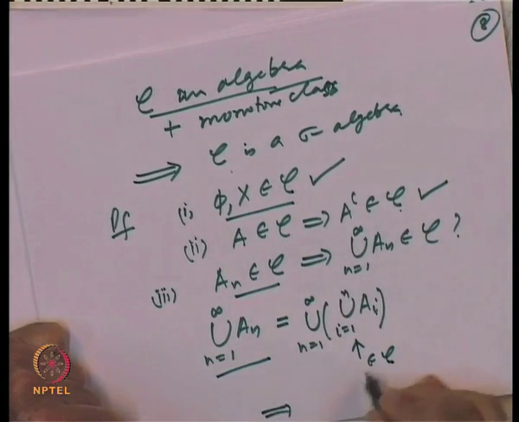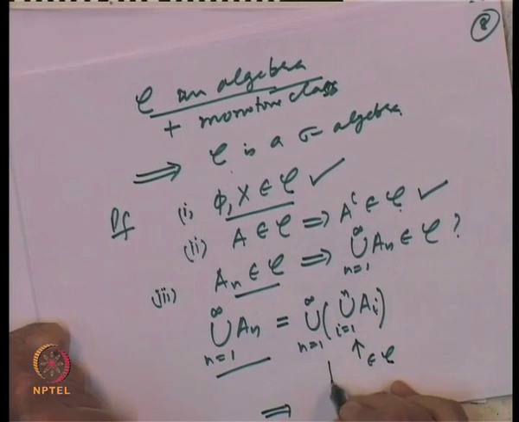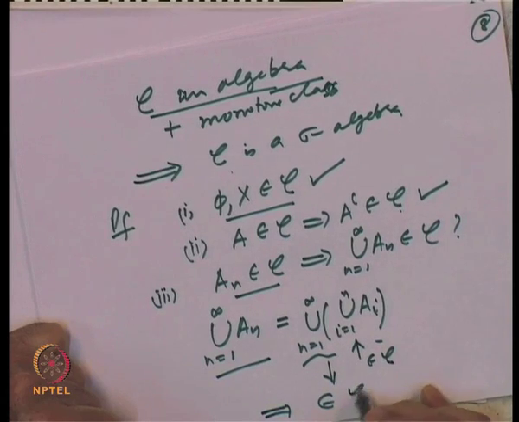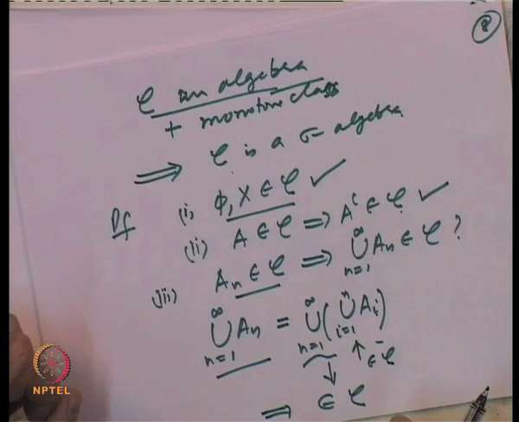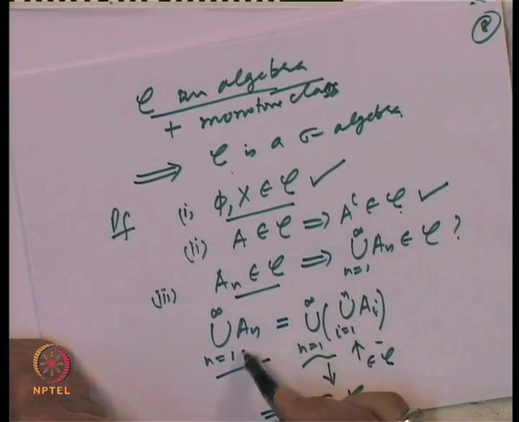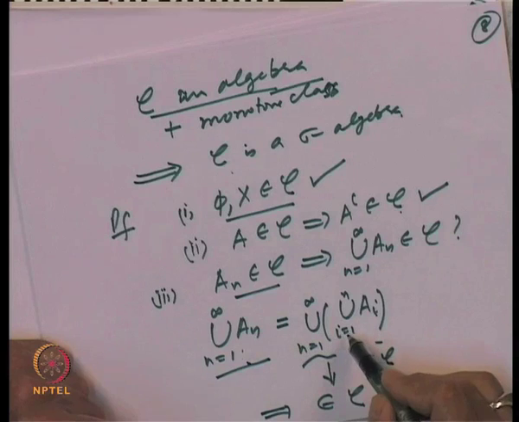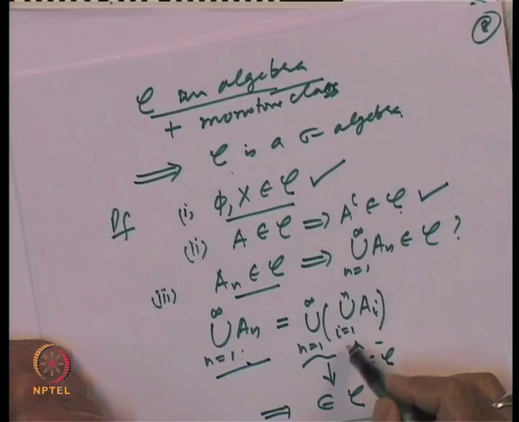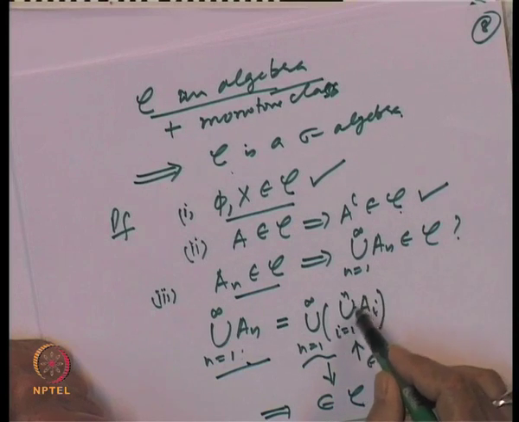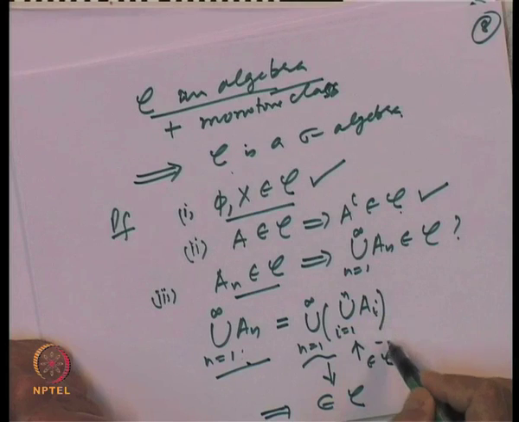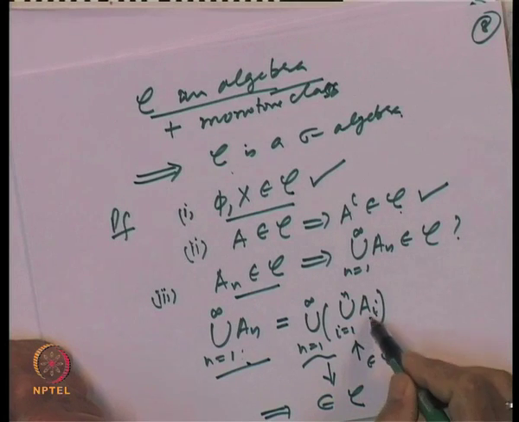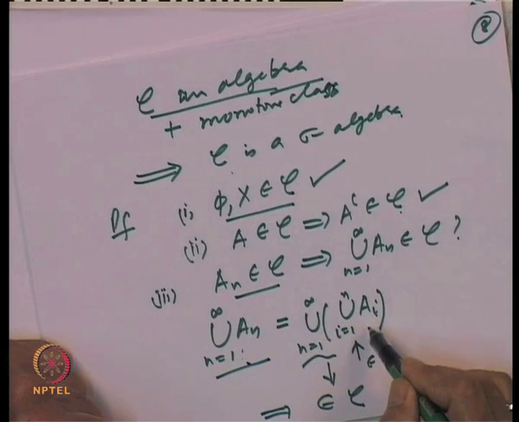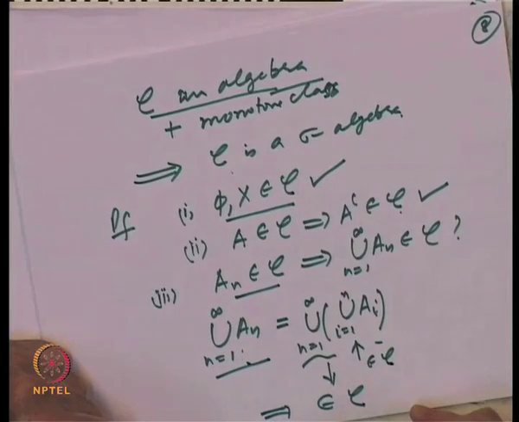So, that implies that this right hand side set belongs to C. Note, we have represented any union as a union of an increasing sequence of sets, and each set here is a finite union of elements of the algebra C. So, this becomes an increasing union of sets, and hence because it is a monotone class, this belongs to C.